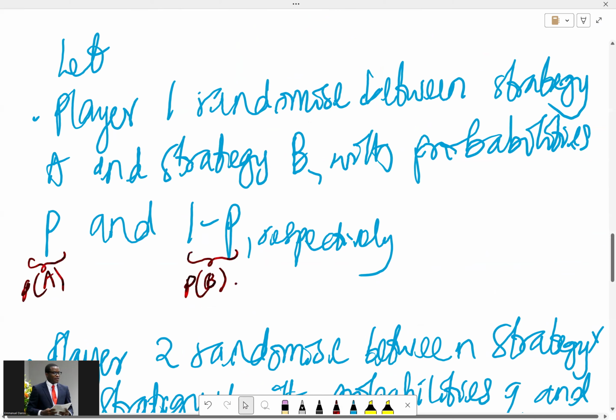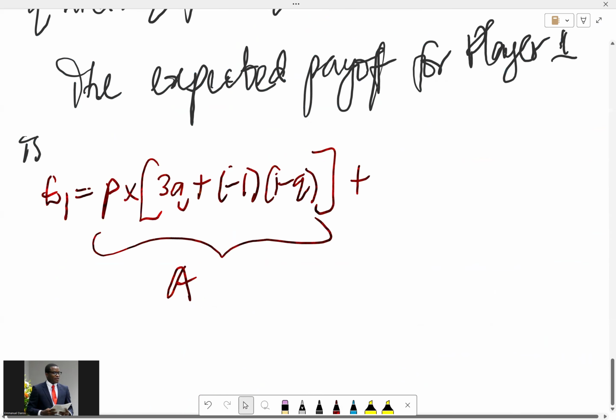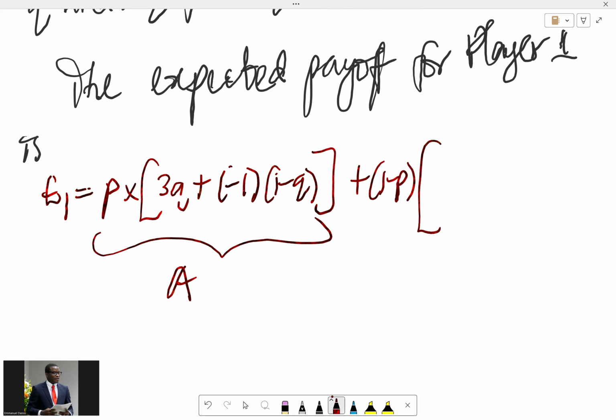So let's see to that. Here now we have 1 minus P multiplied by 2Q.